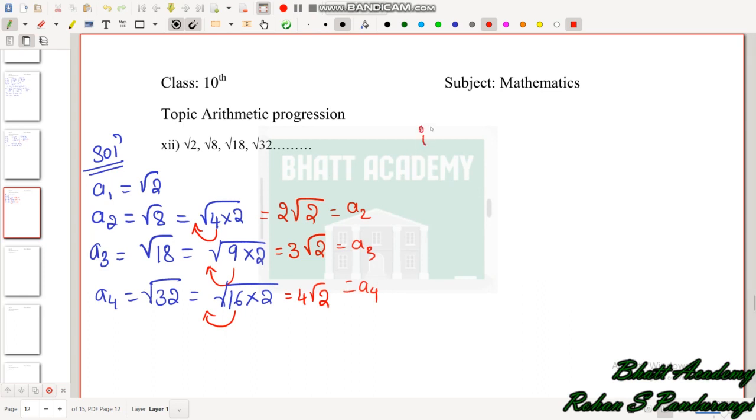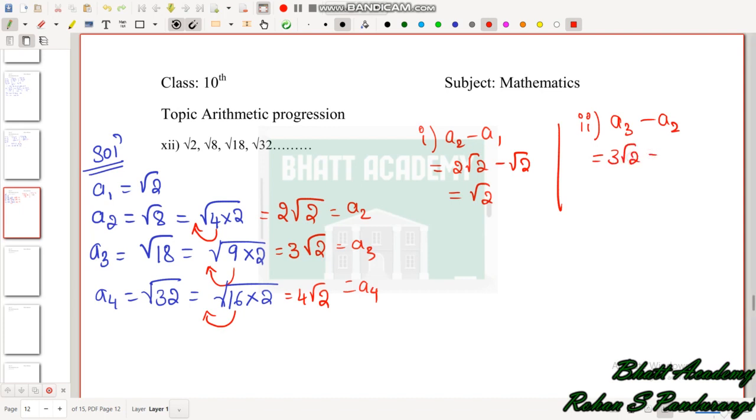So the first condition, a2 minus a1, that is 2√2 minus √2, which gives √2. What does the second condition say? a3 minus a2, that is 3√2 minus 2√2, which comes out to be √2 again.